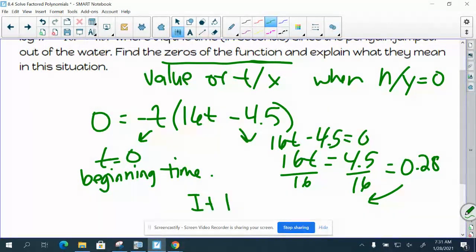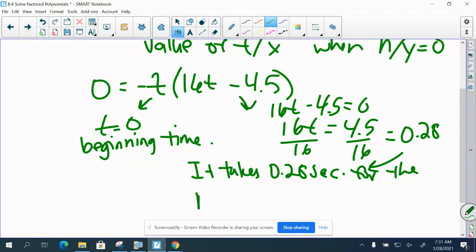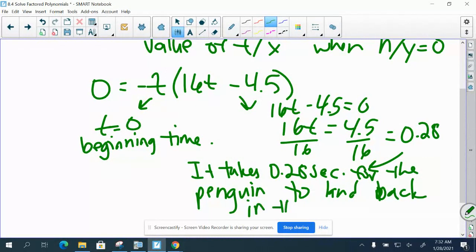So it takes 0.28 seconds for the penguin to land. Oh, back in the water, not the ground. Back in the water.